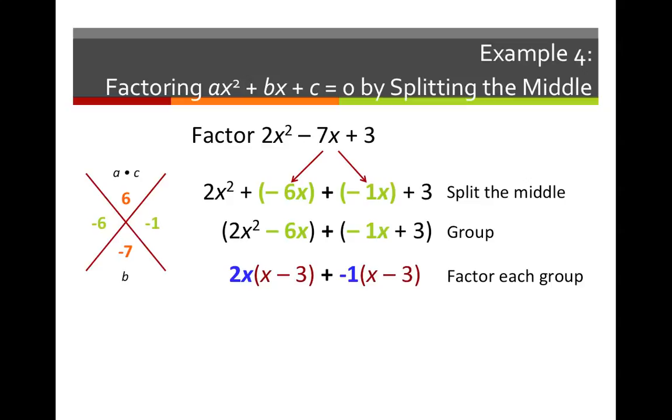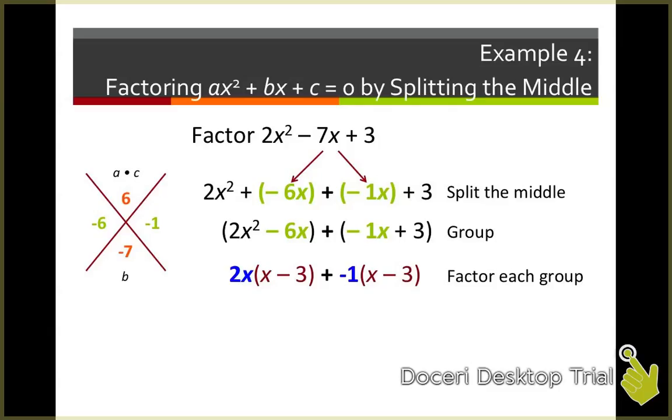And that really is the key to making this work, is we need our two parentheses to match. So even though you may look at this initially and think, no, there's not really anything I can factor out of that, we need to, because if we leave it this way, it doesn't match what we get over here. So we need to factor out that negative 1 so that we get the match.